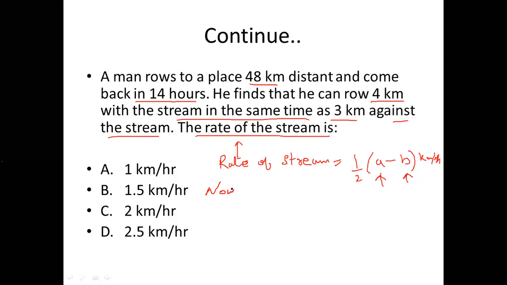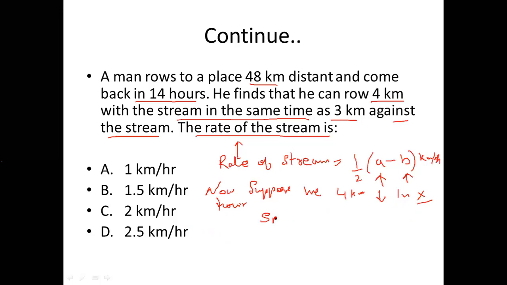We are taking an assumption now that suppose we have moved 4 kilometers downstream in X hours, right? We don't know, we need to find the X.